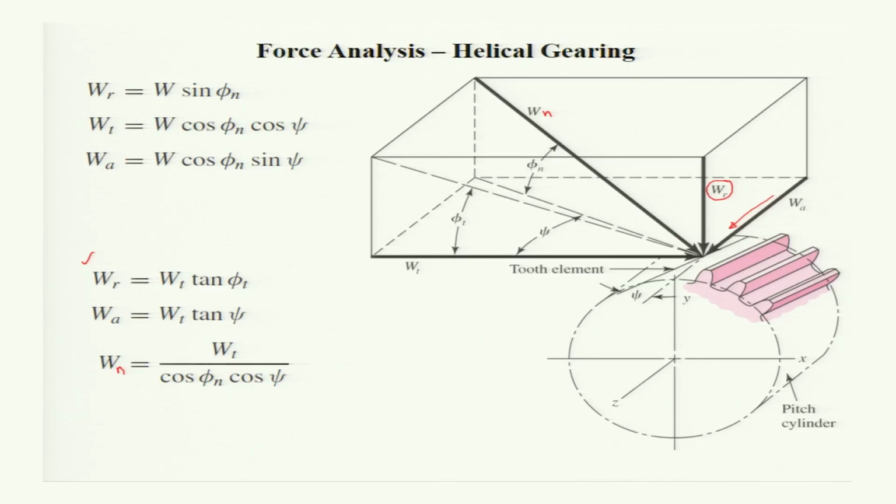If the nomenclatures are given similar to the previous class, then this was taken as A, B, C, D, and thereafter E, F, G, H. So the normal force is acting along a plane E, G, B, C, and again E. Okay, that plane is this one, E, G, B, C, and E. Wn is acting in this way, and this angle is the normal pressure angle phi n.